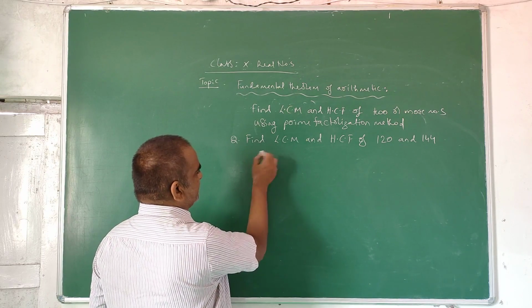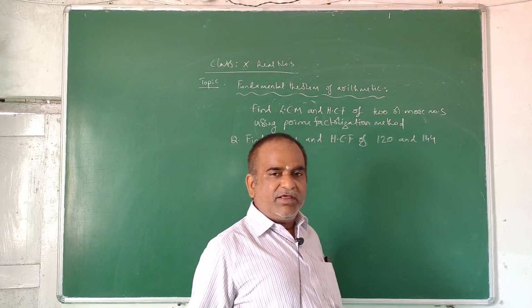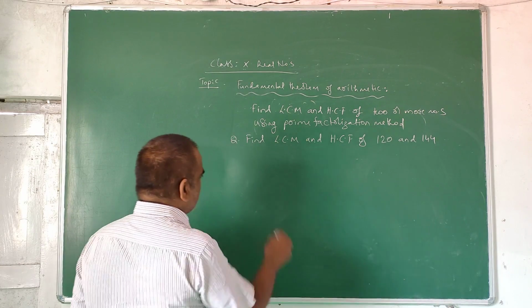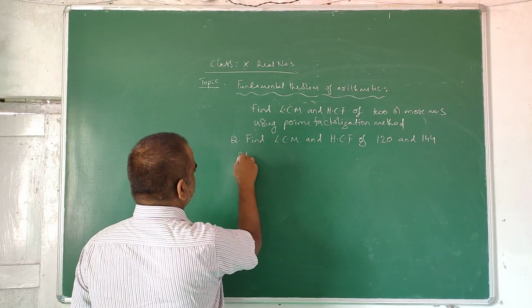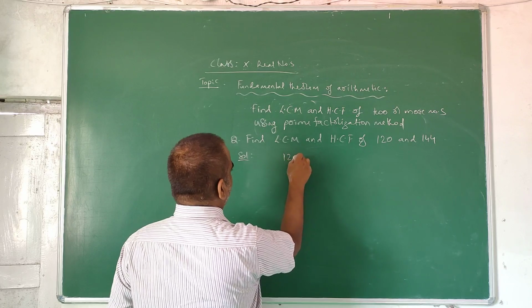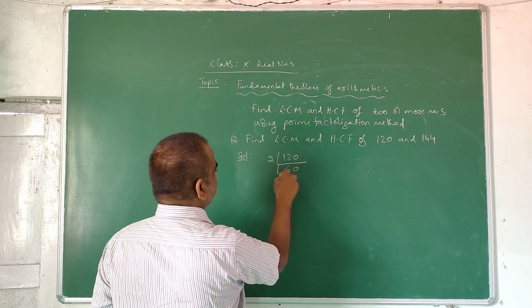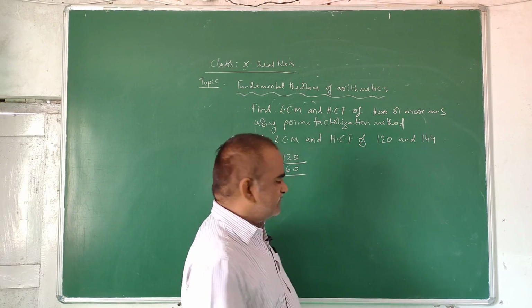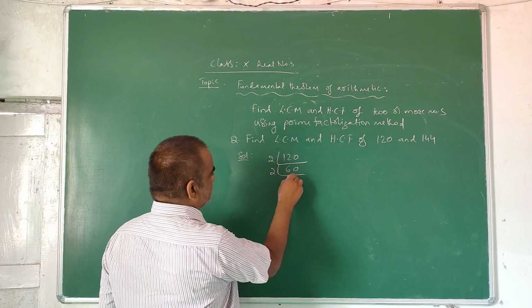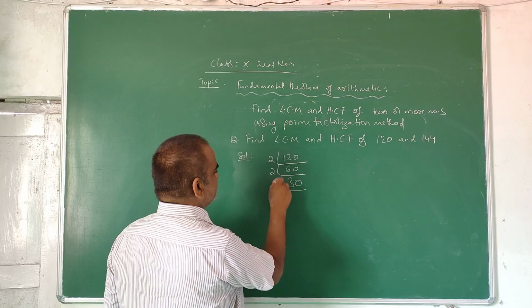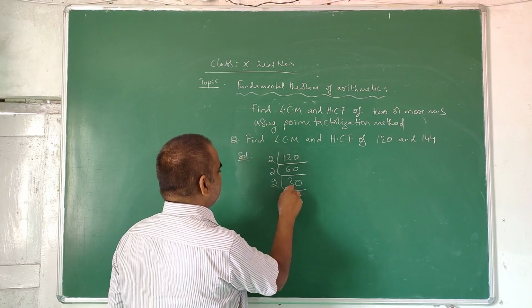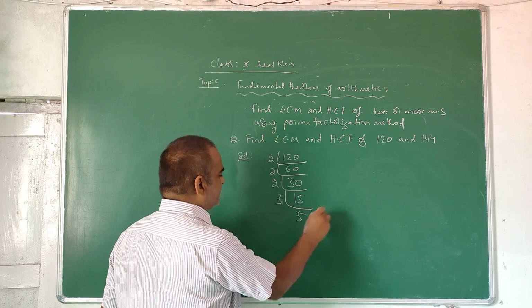First, prime factorize the given two numbers separately. So first take 120 and prime factorize this. 2 60s are 120, 2 30s are 60, 2 15s are 30, 3 5s are 15.